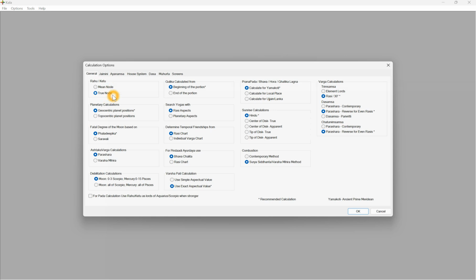Now, true node tries to make a more accurate calculation by defining where the Rahu Ketu is going to happen based on where the moon is right now. The thing that makes that difficult is that the moon fluctuates all the time.